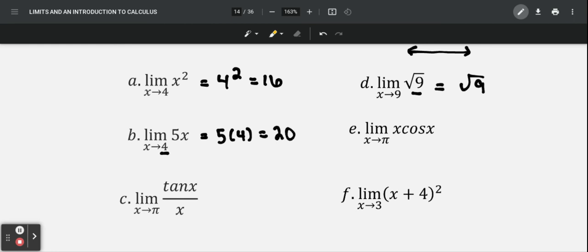For E, we're going to plug pi in wherever we have x. So we're going to have pi times the cosine of pi. Cosine of pi is -1. So your limit is negative pi.